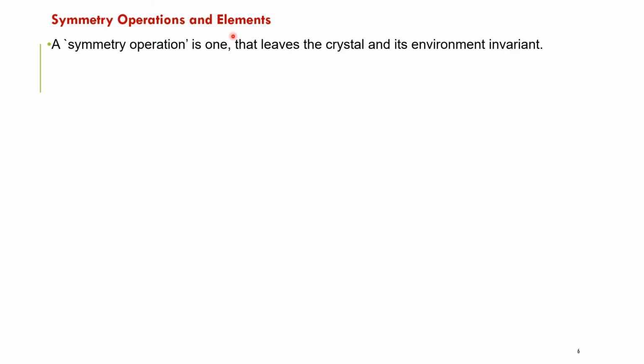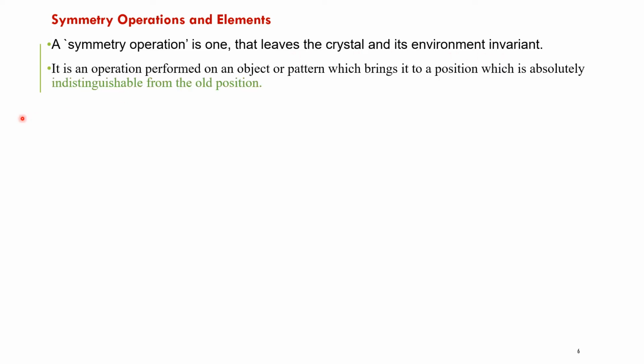Symmetry operations and elements. A symmetry operation is one that leaves the crystal and its environment invariant. It is an operation performed on an object or pattern which brings it to a position which is absolutely indistinguishable from the old position.